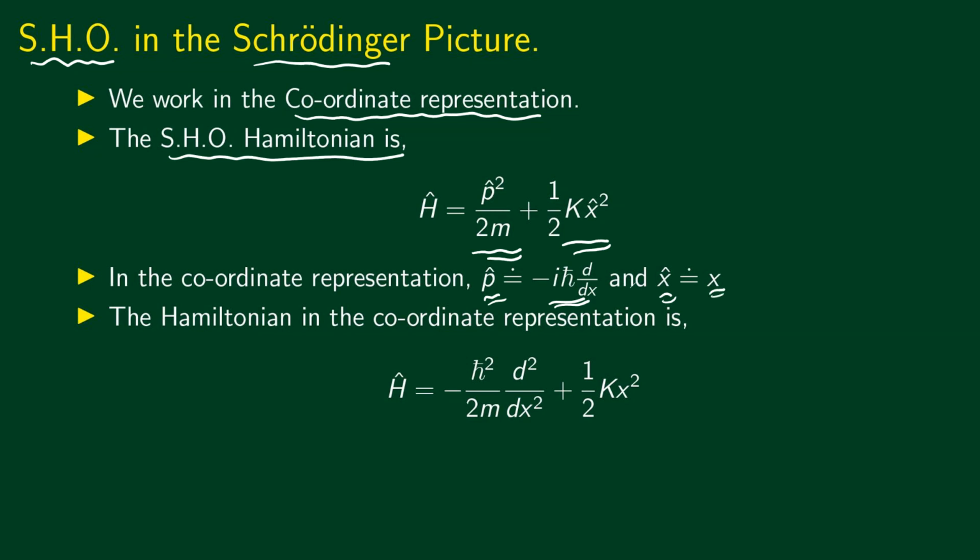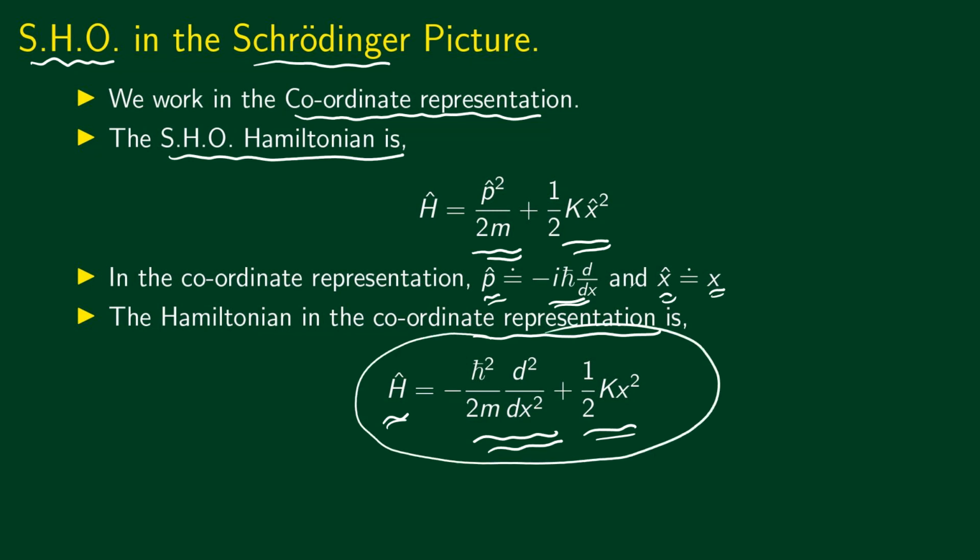The Hamiltonian in the coordinate representation then becomes, if I take p squared divided by 2m, minus h bar squared divided by 2m d squared by dx squared plus half k x squared. This is the simple harmonic oscillator Hamiltonian in the coordinate representation, the form we need to use when we work in this representation.